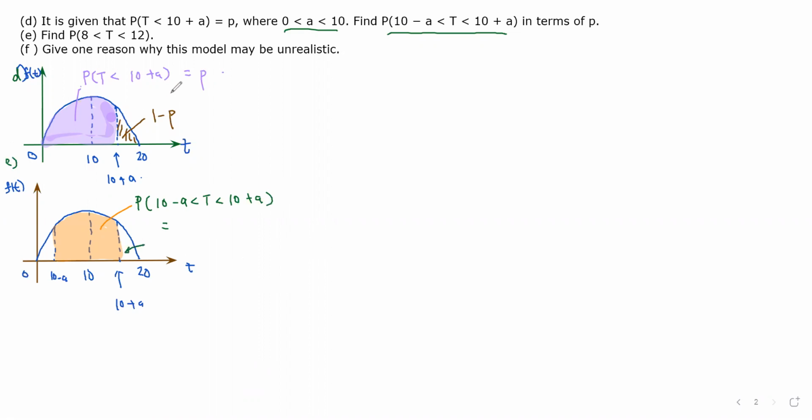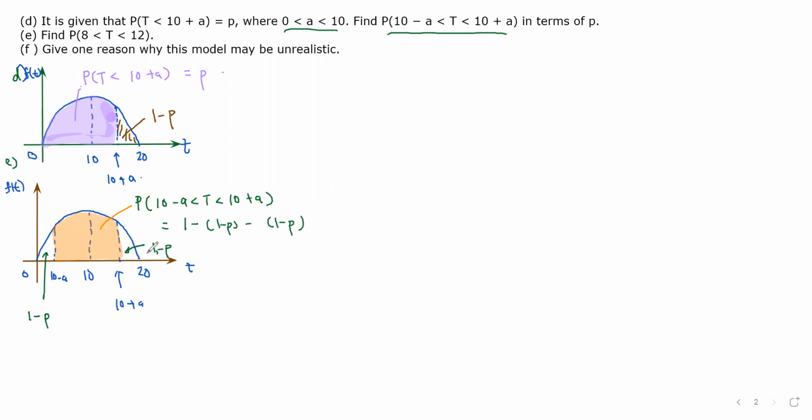This unshaded area from the previous diagram is 1 minus p. Then this unshaded area must be 1 minus p as well due to symmetry. The shaded region is 1 minus p minus 1 minus p.